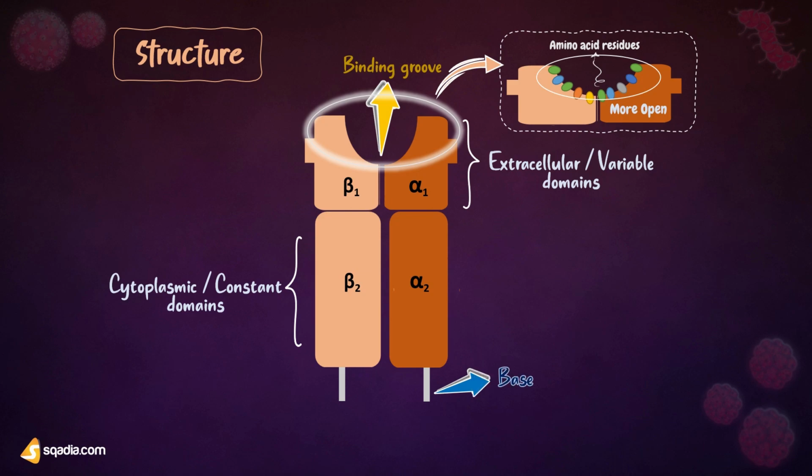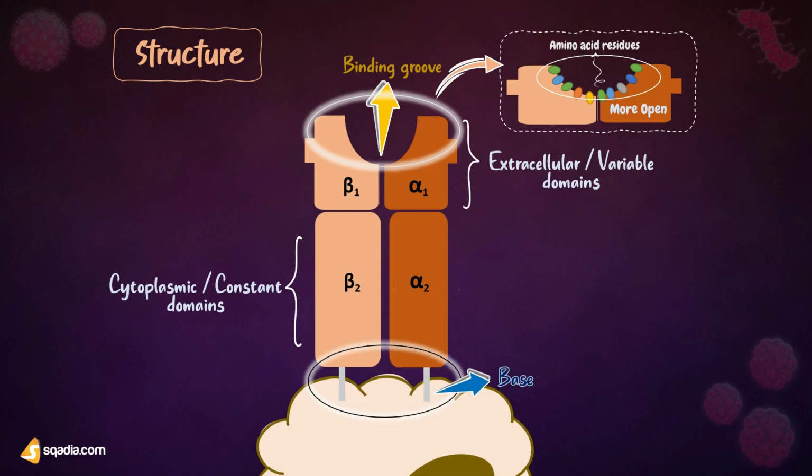On the other side, there is the base that enables them to anchor over the surface of cells and is made by the alpha 2 and beta 2 or cytoplasmic domains of MHC II molecules.